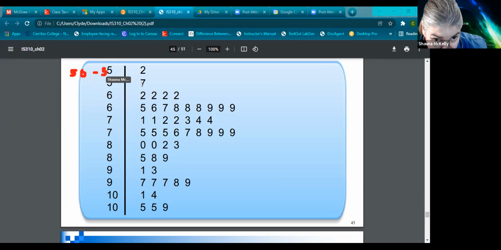You didn't have any data that was bigger than 52, but this would have been 50 to 54. This second one would have been 55 to 59.